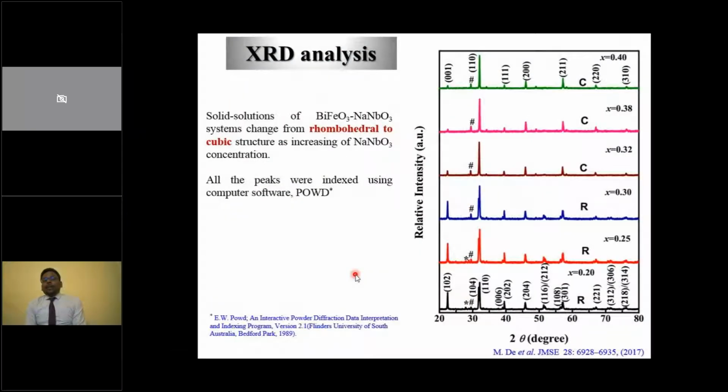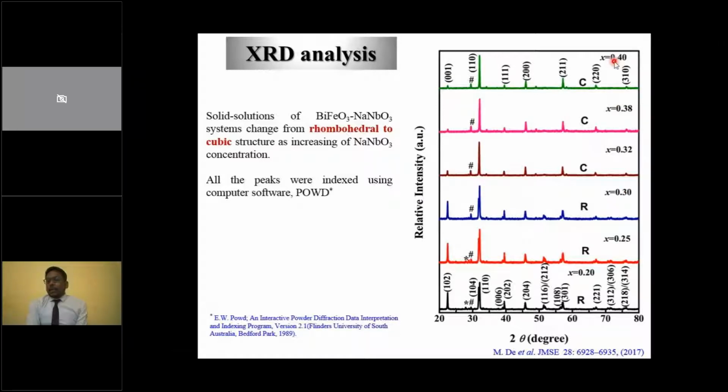Here, in the case of XRD, we have synthesized a series of sodium niobate modified bismuth ferrite materials, that is x equal to 0.20, 0.25, 0.30, 0.32, 0.38, and 0.40.